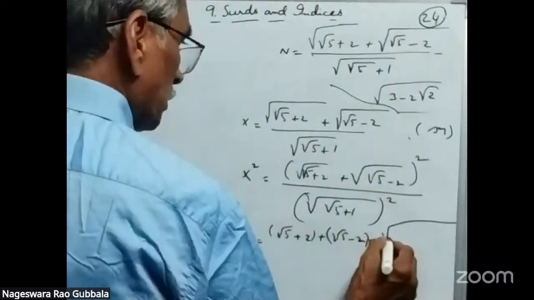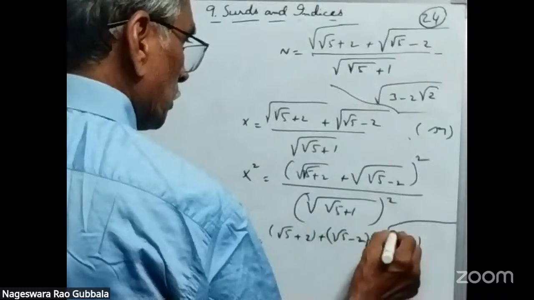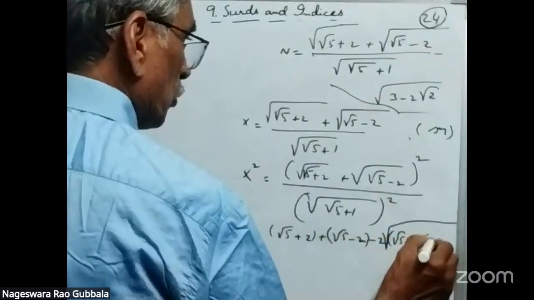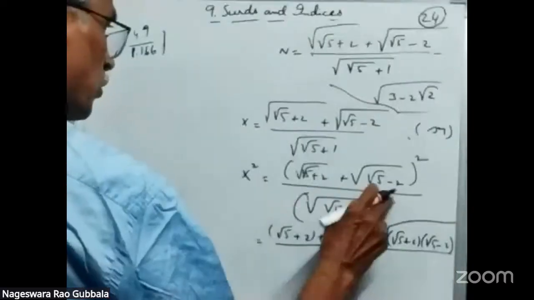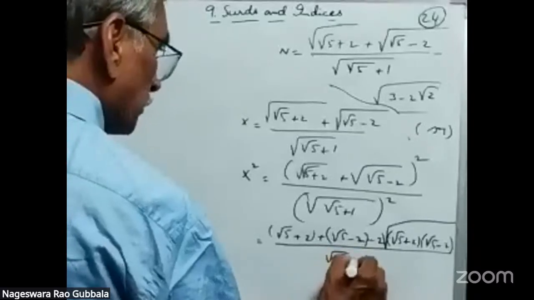So root 5 plus 2 into root of root 5 minus 2, root of this, root of this. Denominator: square and square root goes, root of 5 plus 1.